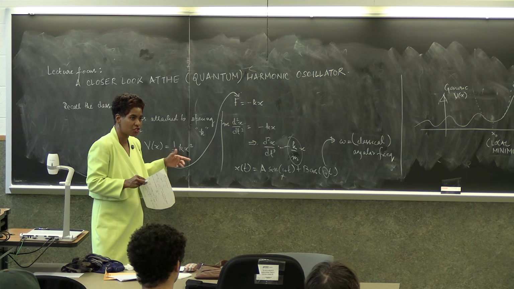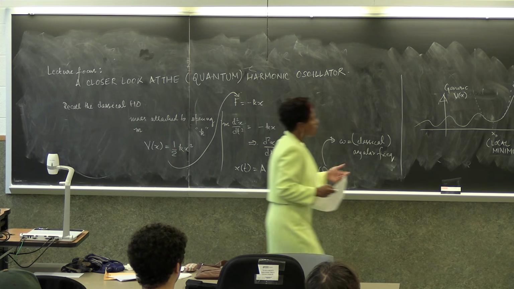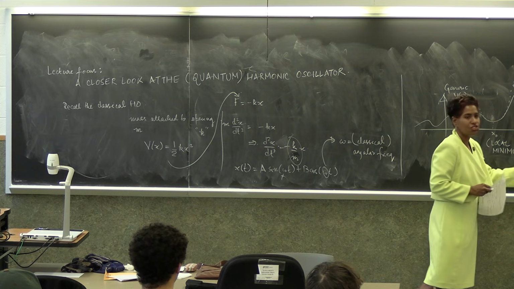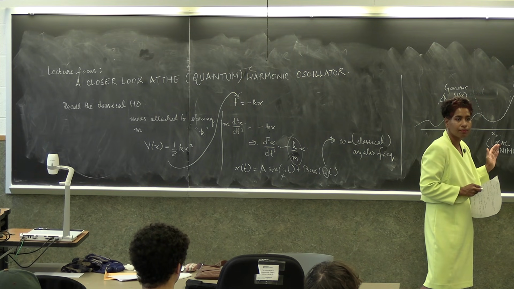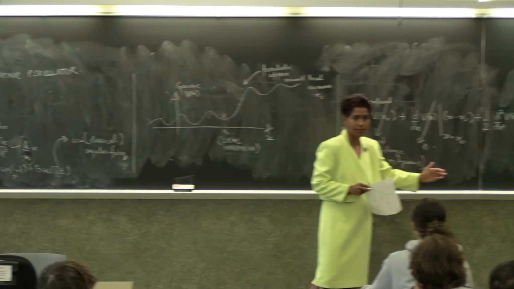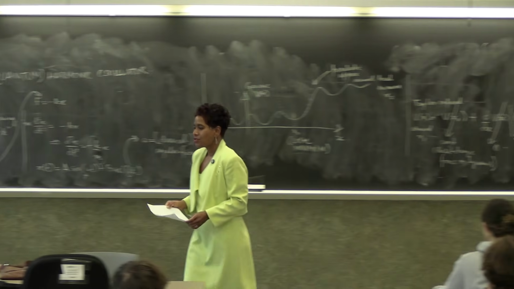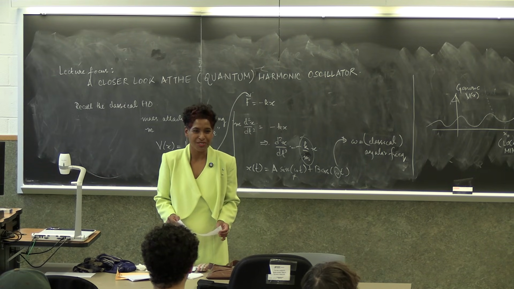Because this potential energy form is what you get if you take any generic potential energy and expand around the local minimum. This is the leading order term. Good? So are we a little bit more invested in the simple harmonic oscillator, knowing that it's not just some esoteric thing that physicists like to pull out all the time, but it actually is practically useful all the time?